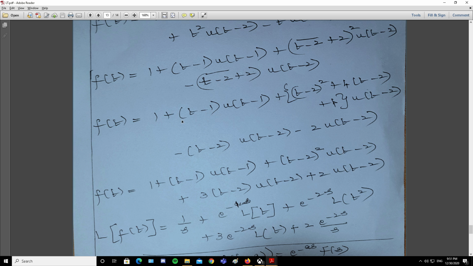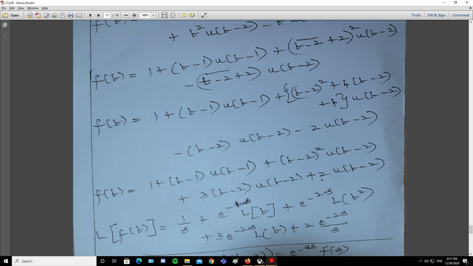See, these two terms are the same, and (t minus 2) whole square u(t minus 2) is there. Only the last four terms you have to simplify. So 4 times minus 1, so it is 3 times (t minus 2) u(t minus 2). And here you have 4 times u(t minus 2) minus 2 times u(t minus 2), that is plus 2 times u(t minus 2).